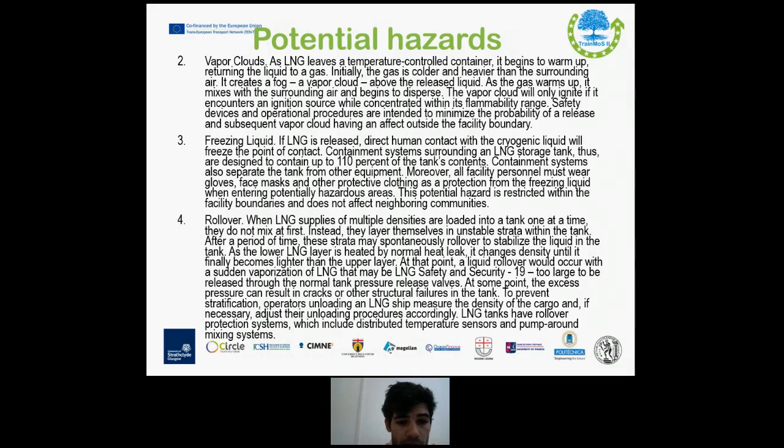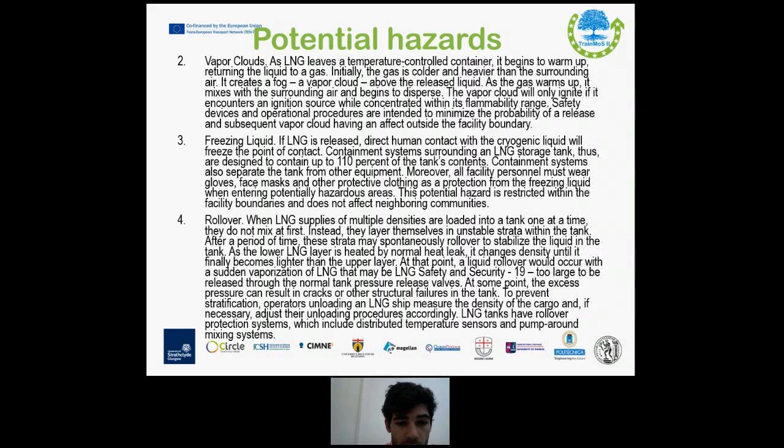Freezing liquid hazards. If LNG is released, direct human contact with a cryogenic liquid will freeze the point of contact. Containment systems surrounding an LNG storage tank, thus, are designed to contain up to 110% of the tank's contents.